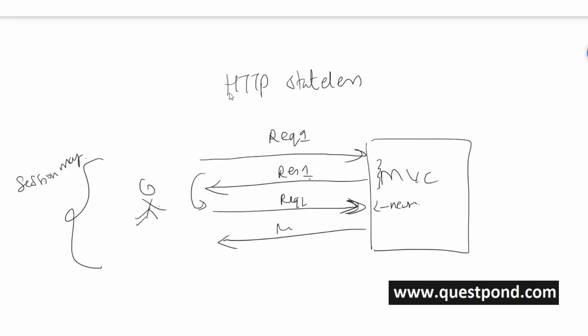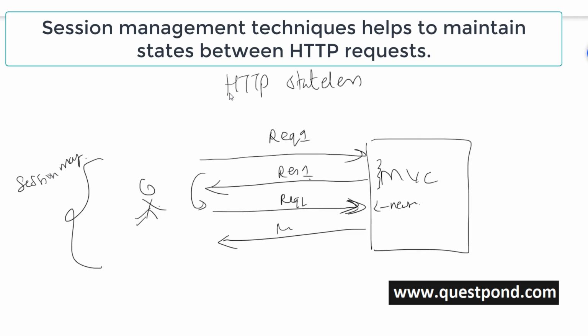So again, I repeat, what is session management? Session management is nothing but where we want to maintain states between the requests. By default, HTTP is a stateless protocol, so the states are not maintained between the requests. In order to maintain states, we use session management techniques of MVC.